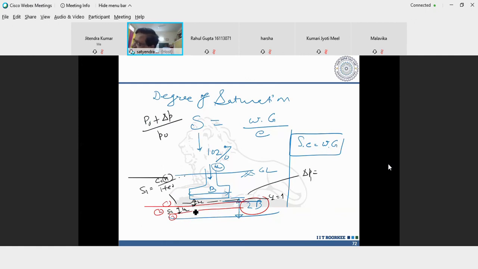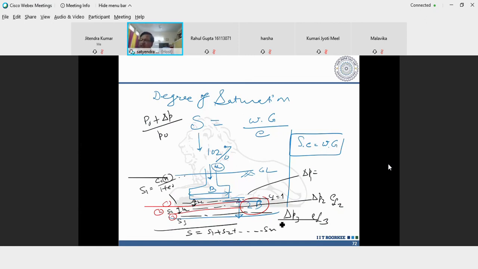Then I will calculate the same pressure increment delta P2 at center line 2. Similarly, I will calculate delta P3 at center line 3, and I will calculate S1, S2 and S3, and total settlement will be S1 plus S2 plus up to Sn, n being the total number of layers.